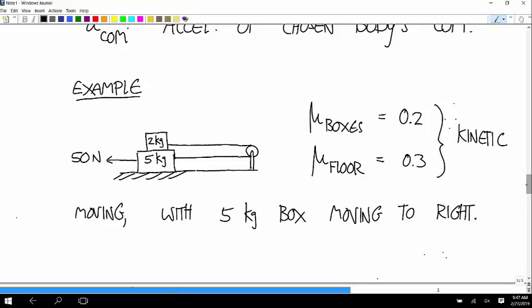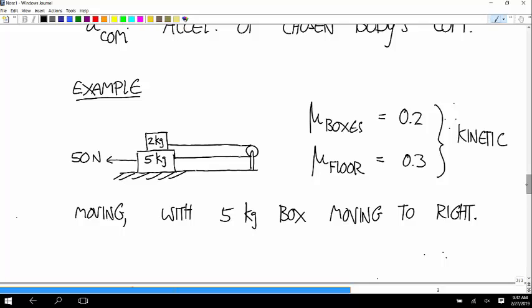Where does the 5 kilogram go? An inch the other way. Right? That's a 1-to-1 relationship. And so if you're moving this at 2 miles per hour this way, what does this one do? 2 miles per hour that way. And the same thing with the acceleration.